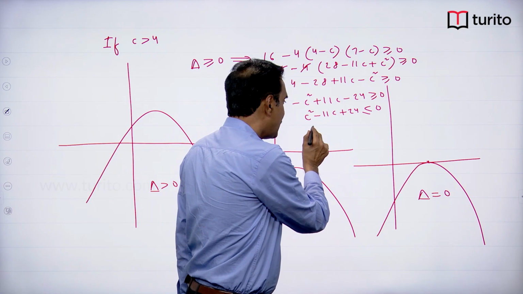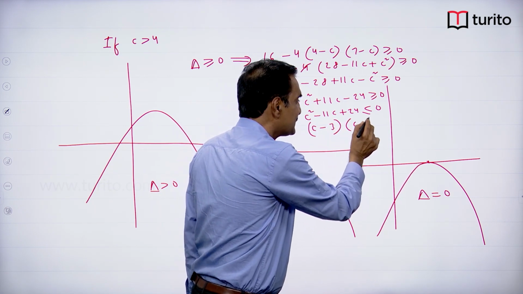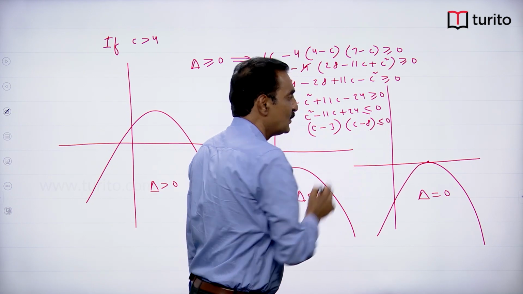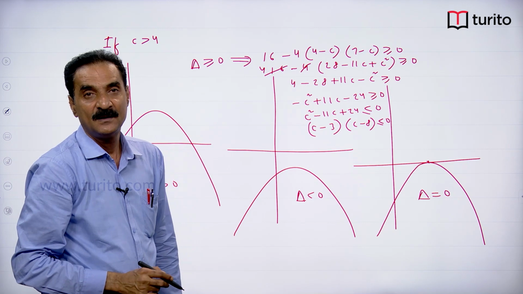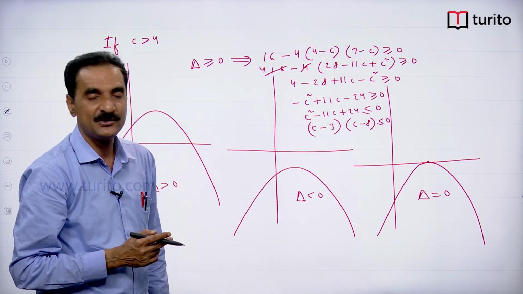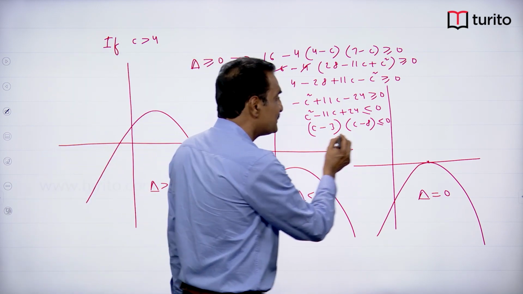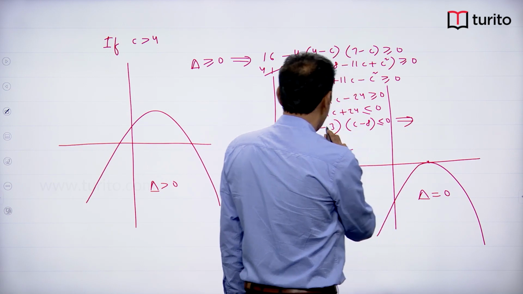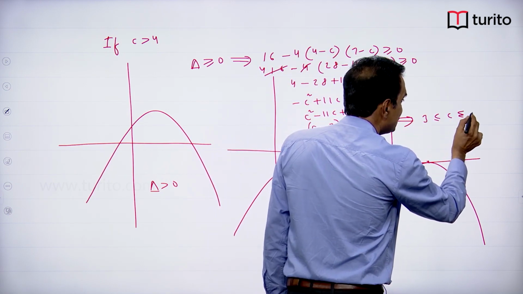So, you can factorize it as c minus 3 into c minus 8 less than or equal to 0. What is the solution of c? You know that if x minus alpha and x minus beta is less than or equal to 0, x lies between the roots. So, here c lies between the roots. 3 is less than or equal to c, less than or equal to 8.